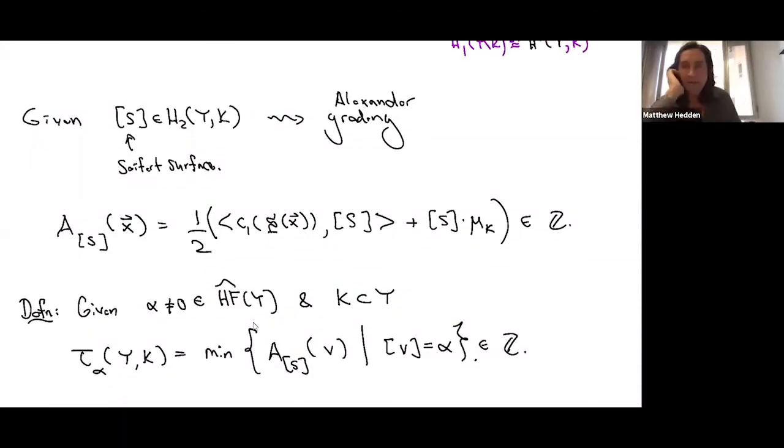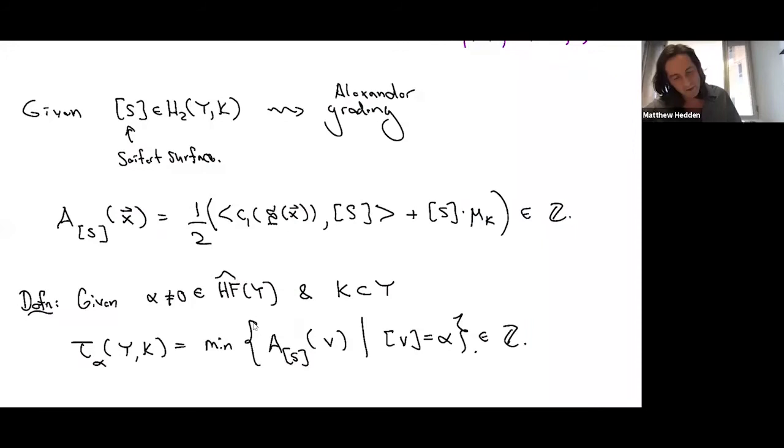Now you see at this, in order to employ this construction, I've used a Seifert surface, and there's some dependence on the Seifert surface here, or at least its relative homology class. But we don't actually need to have a Seifert surface, but in order to use it, we can get by with just what's called a rational Seifert surface.